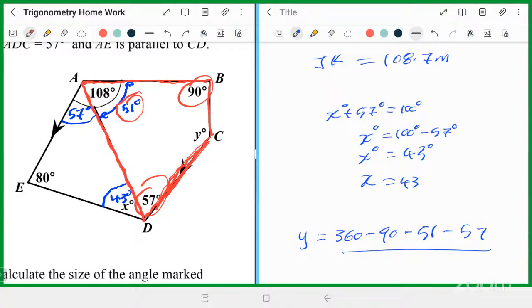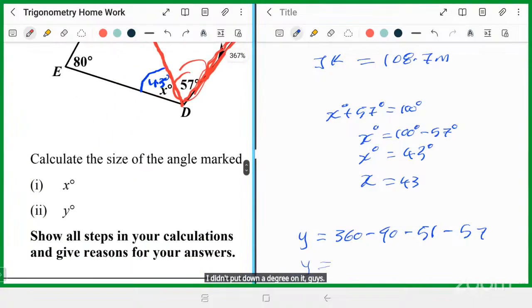Notice I didn't put the degree on it, guys, because I don't want y degrees. Same thing, I don't want x degrees. X degrees is right here.